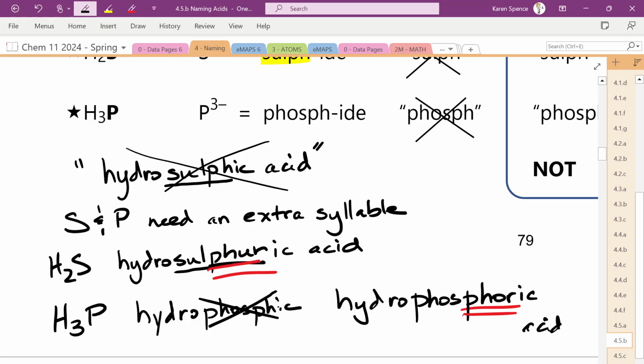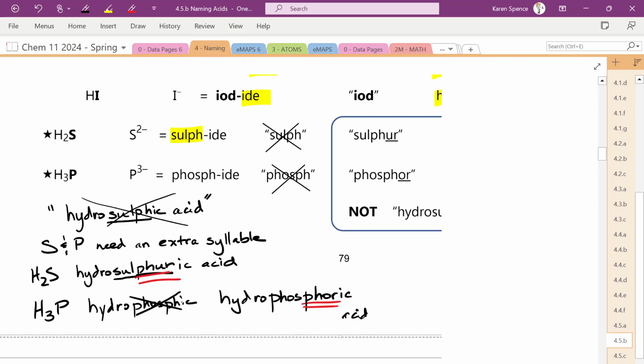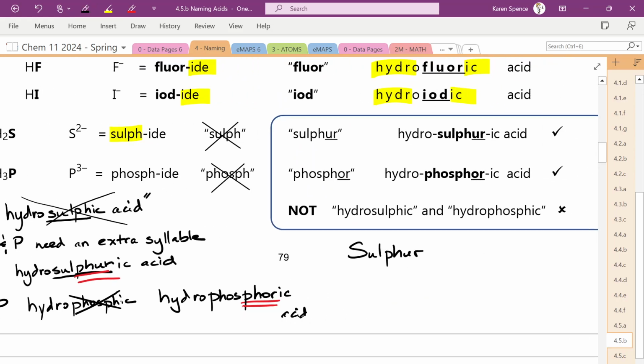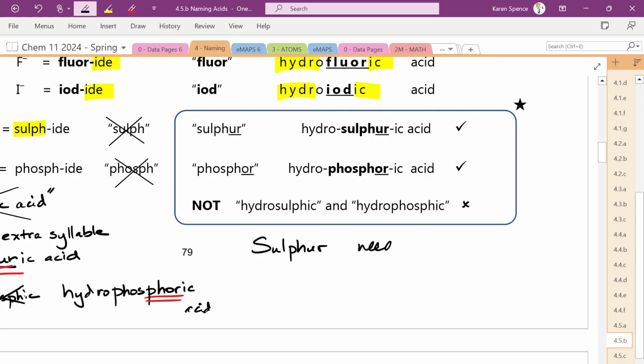So sulfur needs an "ur", phosphor needs an "or". I'm just going to write phosphor rather than phosphorus.